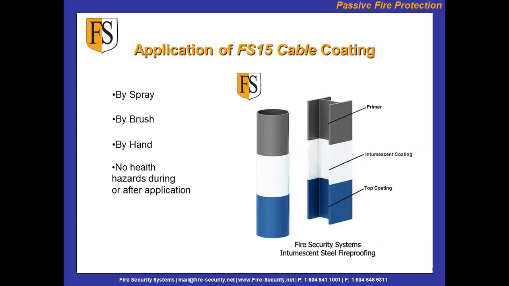Just to give a brief idea of the application, I've got FS15 cable coat instead of steel coating. Of the steel coating, you'll see here what we have is the primer, which is typically either an epoxy or a red or grey oxide, usually locally purchased.